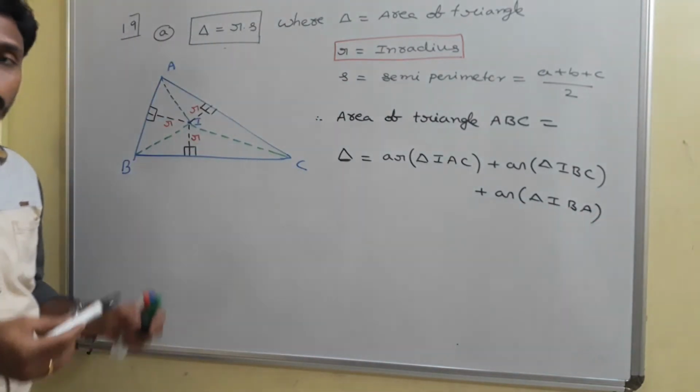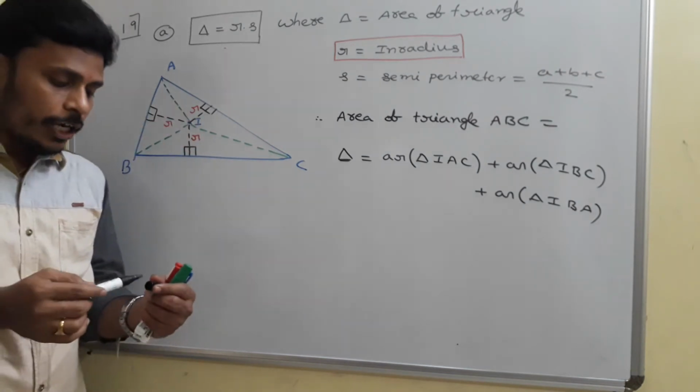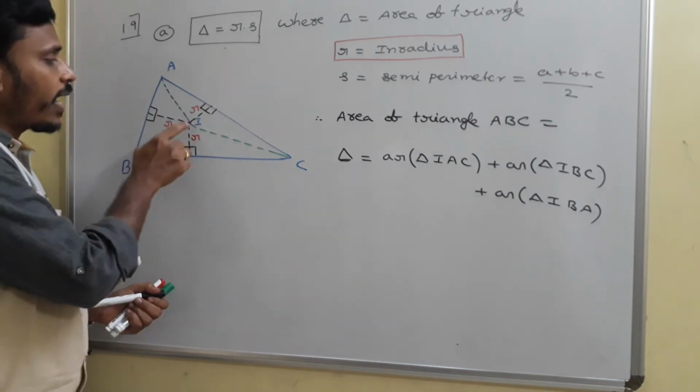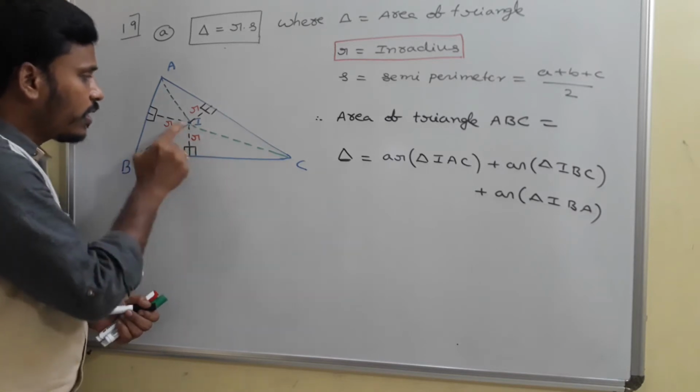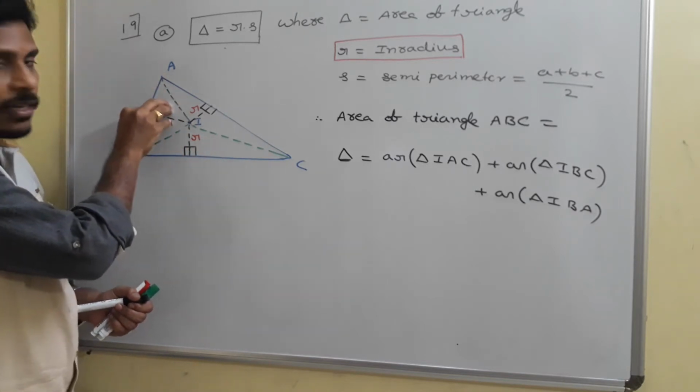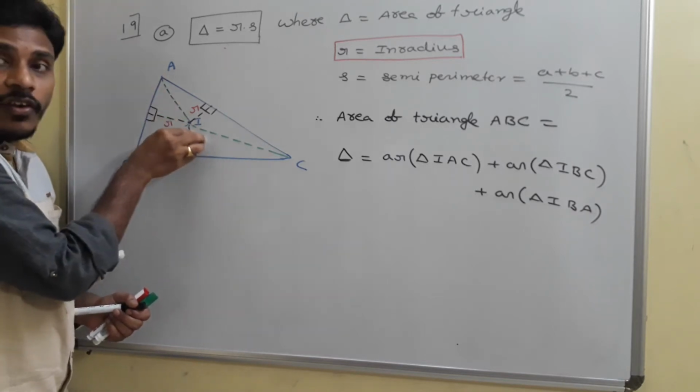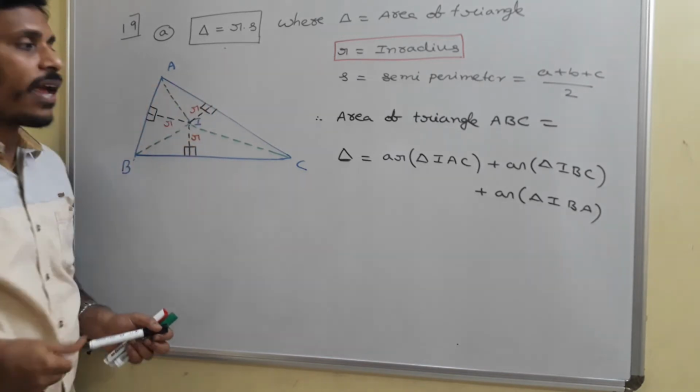Just look there. The total triangle ABC can be divided into three different small triangles: IAC, IBC, IAB. So this is one triangle, just look carefully, and this is another triangle IBC, and this is another triangle IAC.